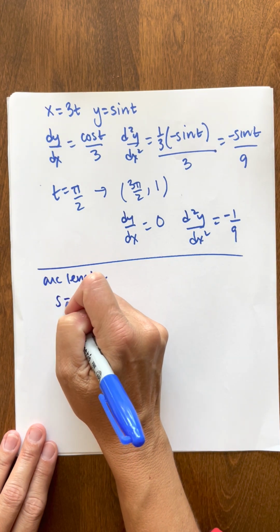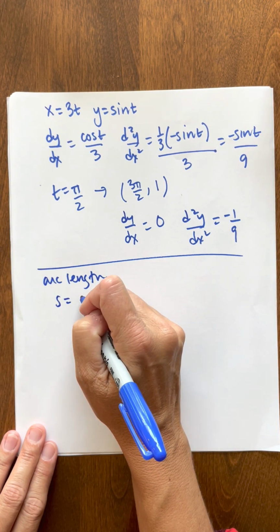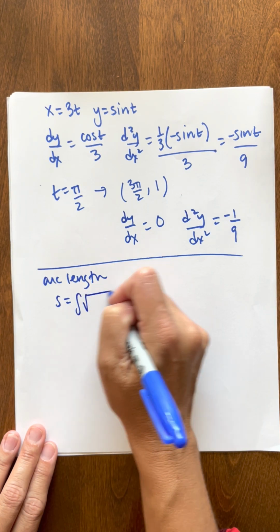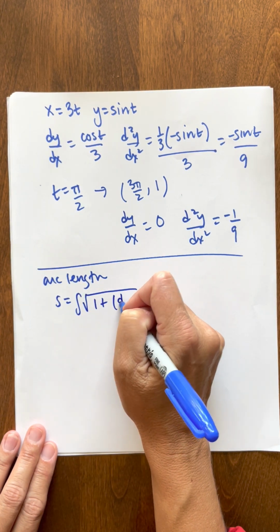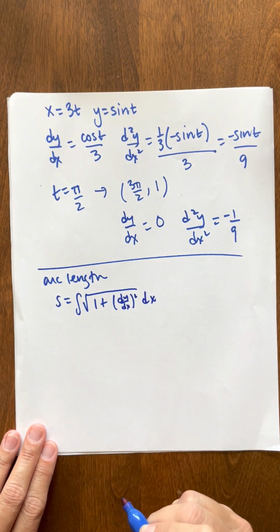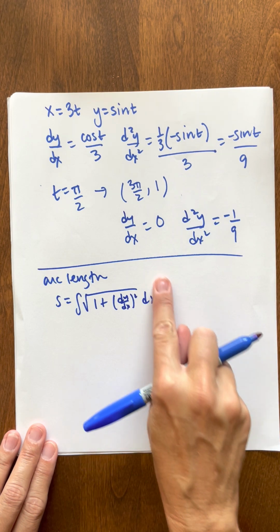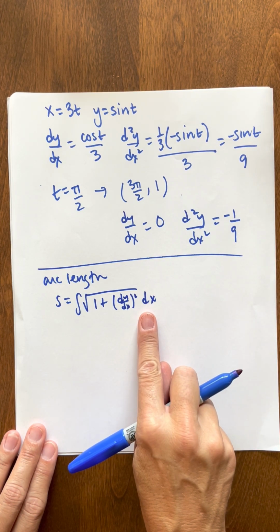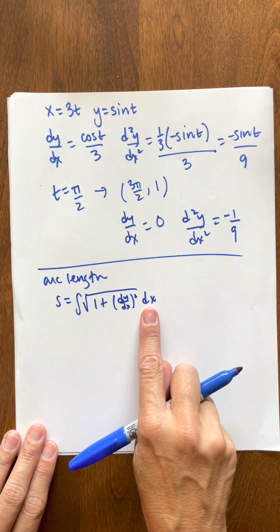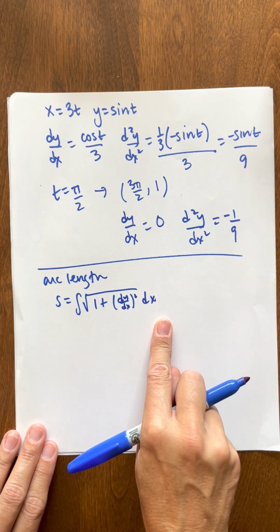If I'm looking at arc length in terms of the Cartesian plane, we took the integral of the square root of 1 plus dy/dx squared dx. Well, if I'm looking at parametric equations, so that instead of being in terms of x, I'm in terms of t, I'm going to want to change this variable. I'm going to multiply by dt over dt.